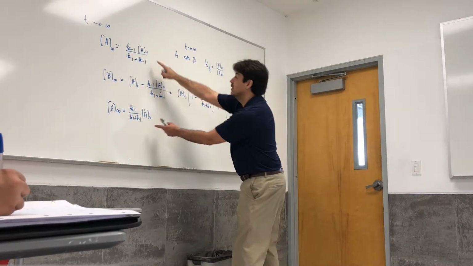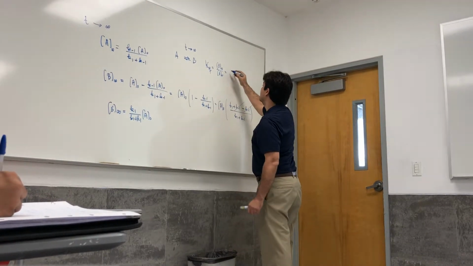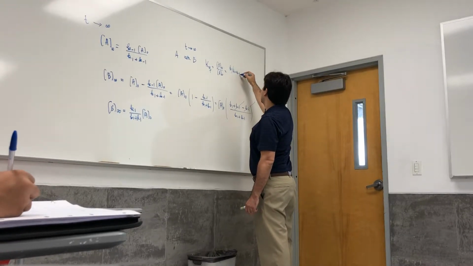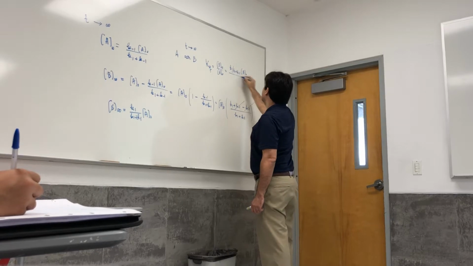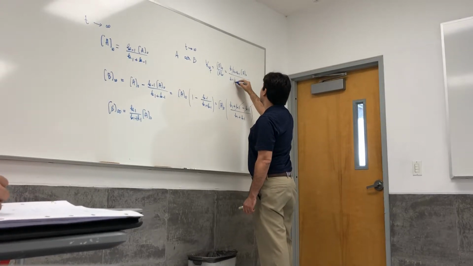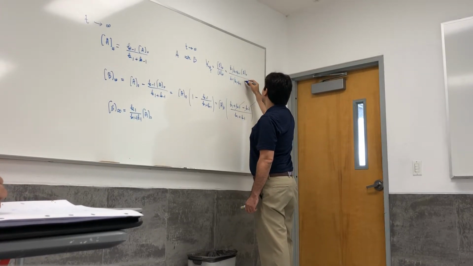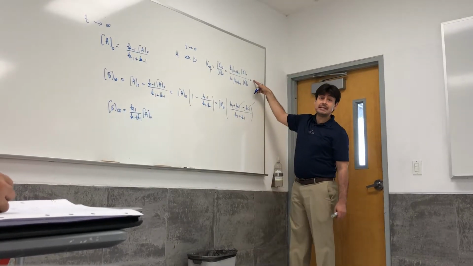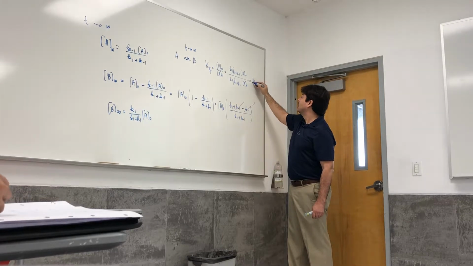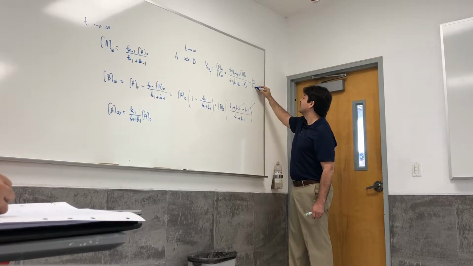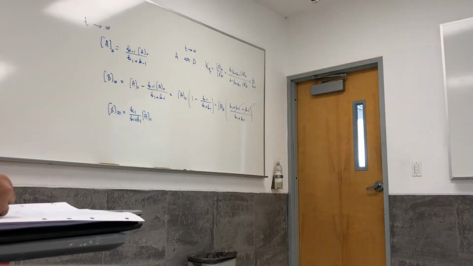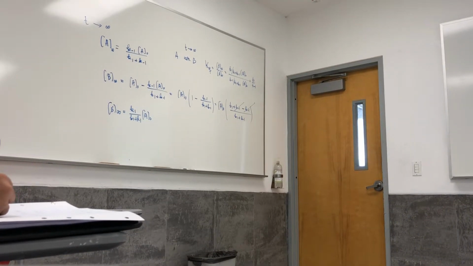Now if we bring these values here, this will be k1 over (k1 plus k minus 1) A0 divided by k minus 1 over (k1 plus k minus 1) A0. And what I'm left with is k1 over k minus 1. Okay? So my equilibrium constant depends on the ratio of the two rate constants.